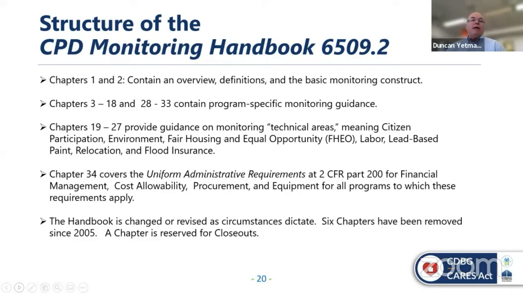And that will apply for all programs. And please note that the handbook is a living document. It is changed or revised as circumstances dictate. Six chapters have even been removed since 2005. And there's a chapter there reserved for closeouts.